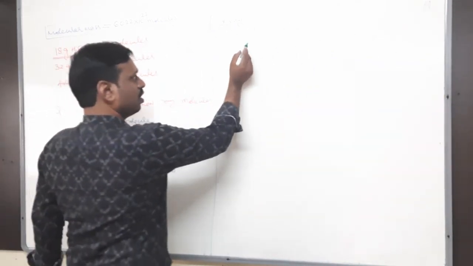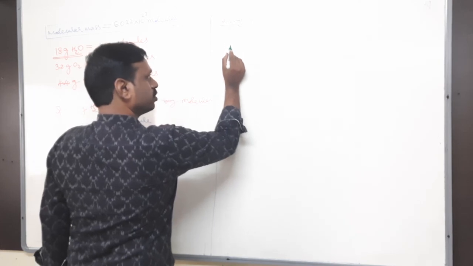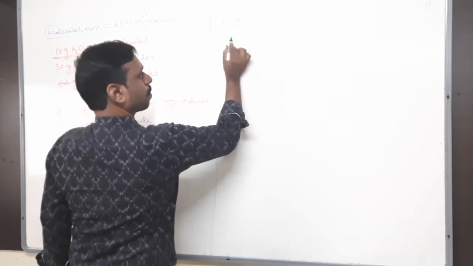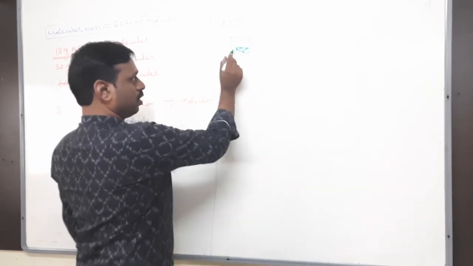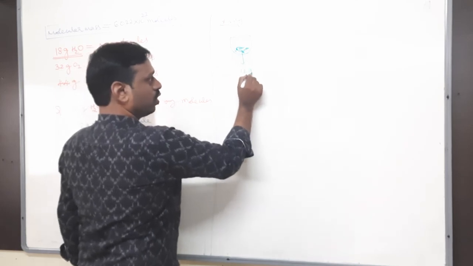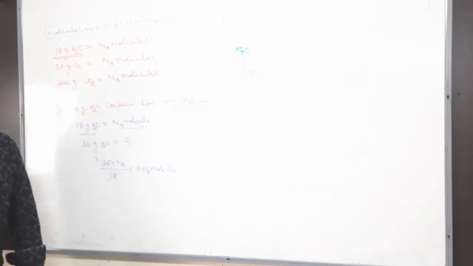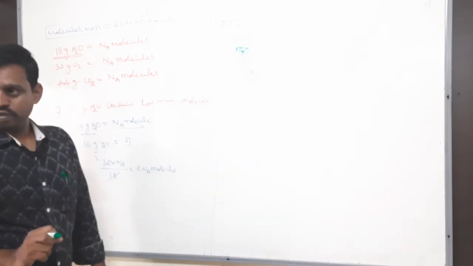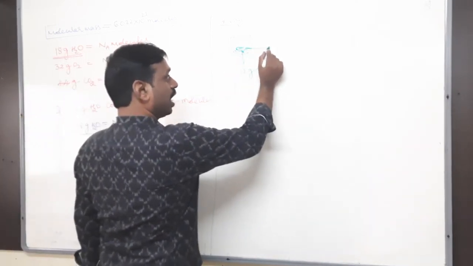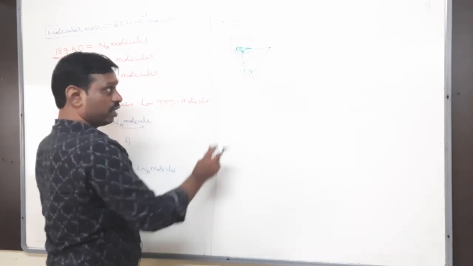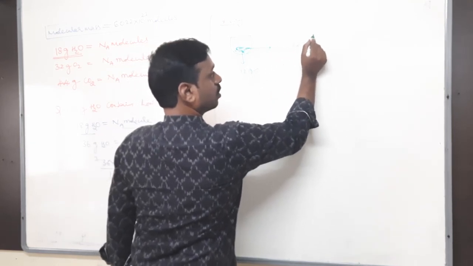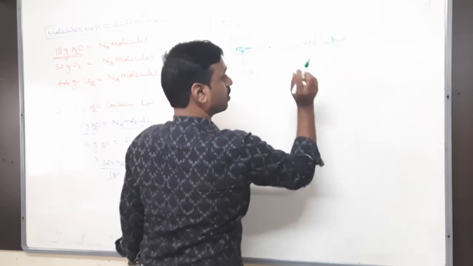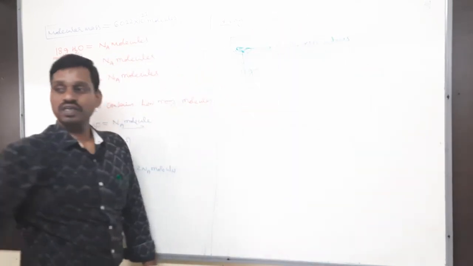For example, it was measured like this. Avogadro was a chemist. He took carbon powder, 12 grams, and counted how many atoms there are. 12 grams of carbon has 6.022 into 10 power 23 atoms. This number he named the Avogadro number.